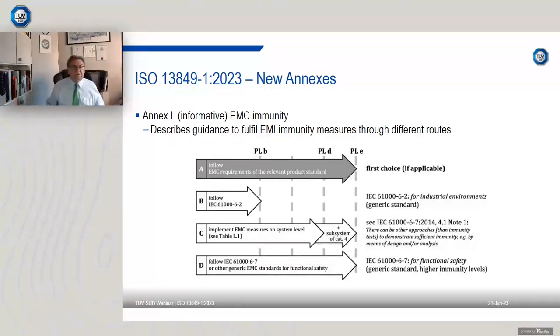It's about measures to fulfill electromagnetic interference immunity. And it describes 4 routes that can be taken, route A, B, C, and D, to achieve a sufficient immunity. You can see now that A, B, and D require us to go to other standards.